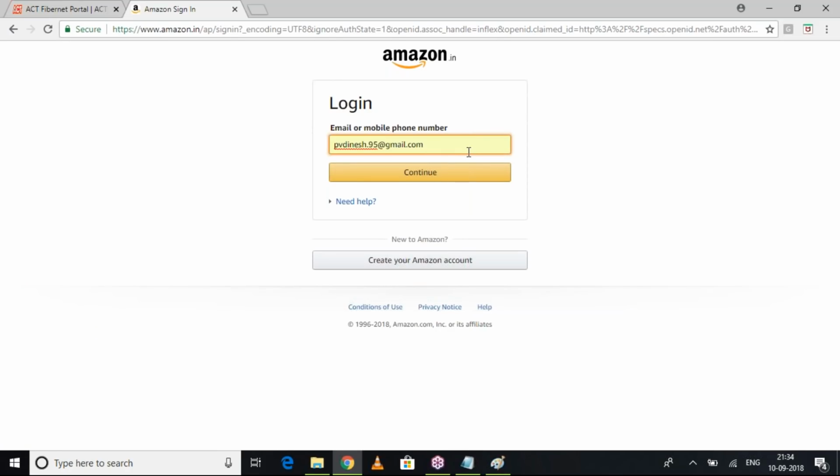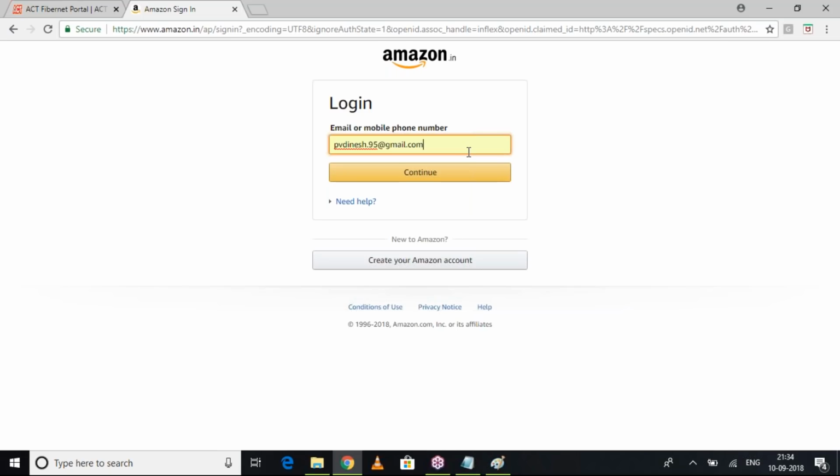Okay, so then with username and password, already Dinesh is authenticated with Amazon. With Dinesh username and password, Dinesh the client is authenticated in the business. Only authenticated people can make transactions with the business.